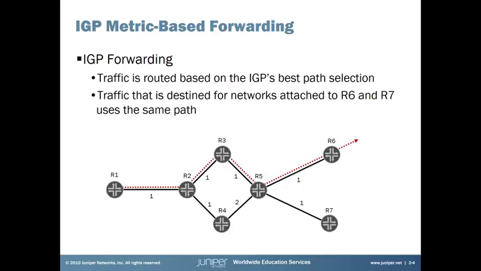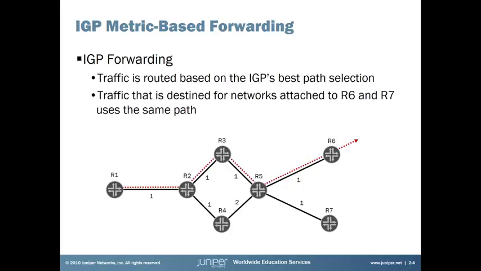Here we are, we've got R6 on top there and R7 down below it, and we've got traffic that's coming in on R1. So we're talking about traffic that is transiting through the network. Let's just say we had some traffic which was coming in on R1, going out on R6, but other traffic that was coming in on R1 had a destination network that had to be routed out through R7.